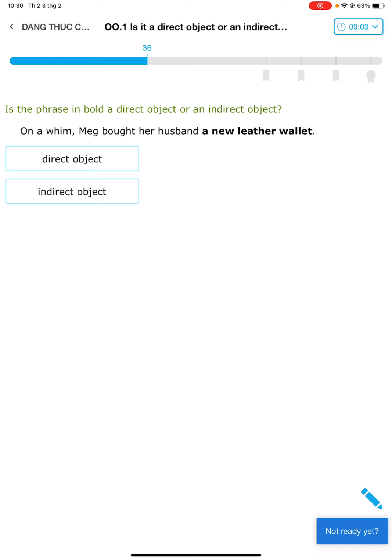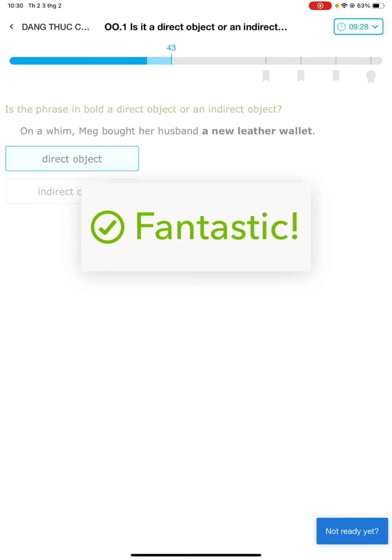Since Meg bought a new leather wallet, it is a direct object. Plus, it is not an indirect object because it is not standing in between the verb and a direct object. Here, the indirect object is her husband. However, it is asking us about the phrase in bold, and a new leather wallet is a direct object.